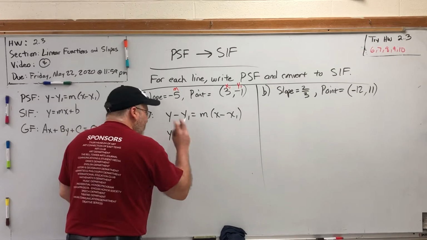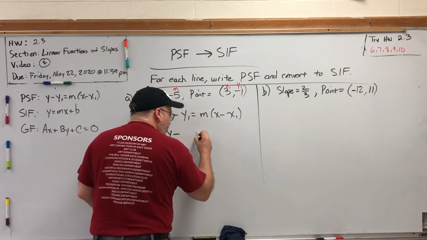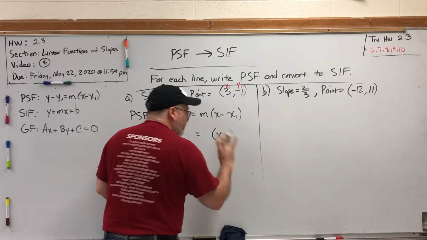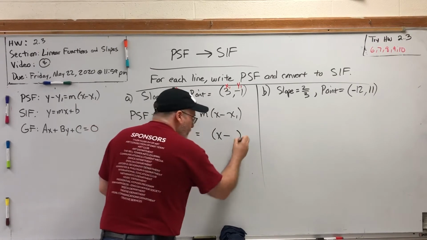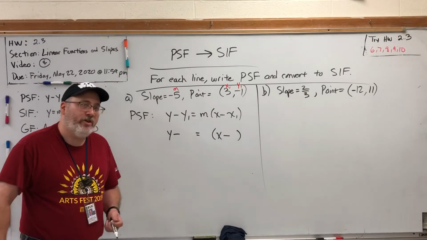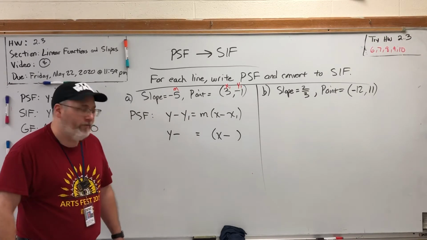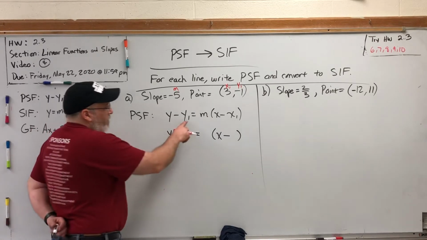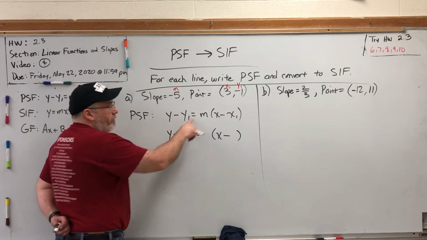So y minus, don't write y1, equals, don't write m, parentheses, x minus, don't write x1, close parentheses. By removing the letters and writing everything else, you're preserving the structure of the form, and you're leaving places to insert your values.